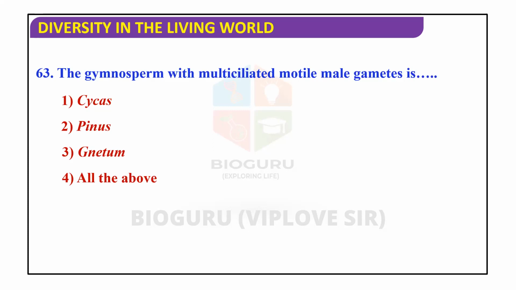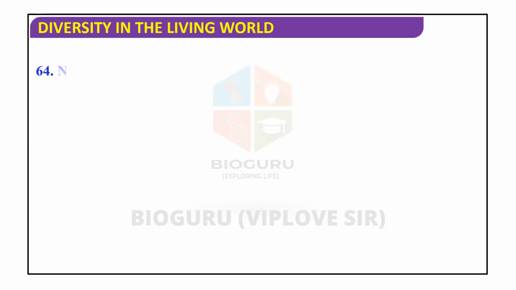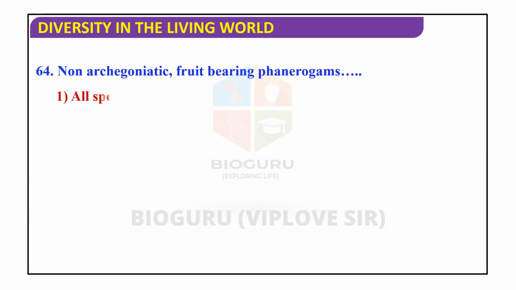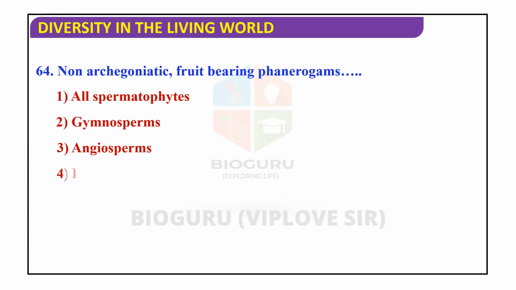Multiciliated motile male gamete. It is Cycas. Non-archegoniatic fruit-bearing phanerogams are all spermatophytes, gymnosperms, angiosperms, dicots. It is angiosperms. That's good.